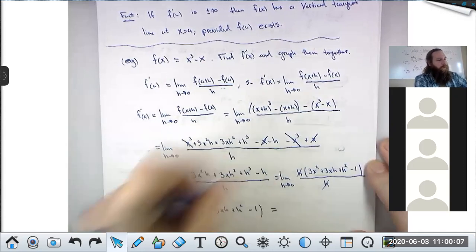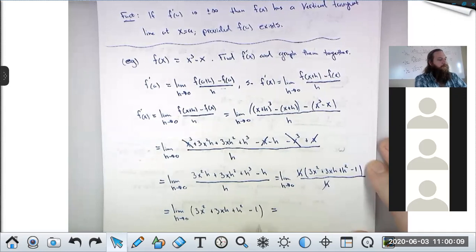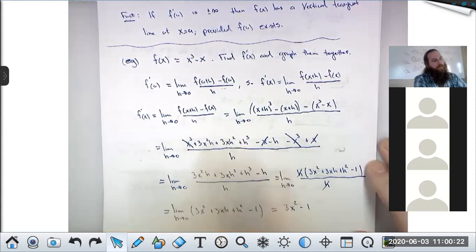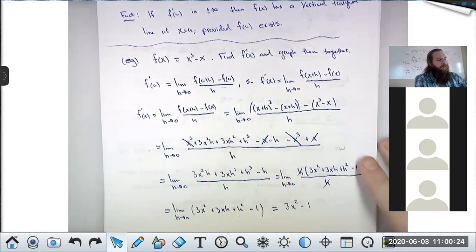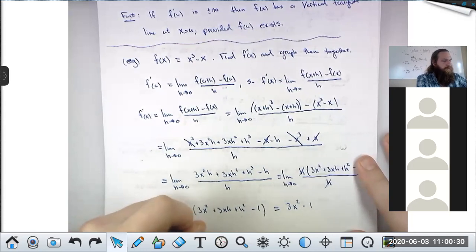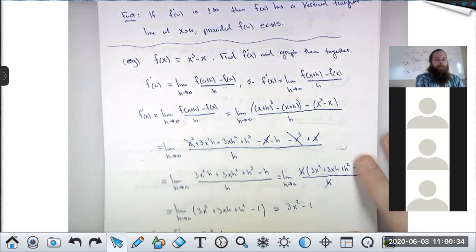And now since there are no more h's in the denominator, I can just plug in 0 for h. This piece will go to 0. This piece will go to 0. So I just get 3x squared minus 1. Okay. So f prime of x is 3x squared minus 1.